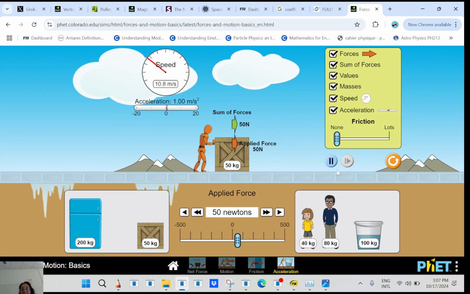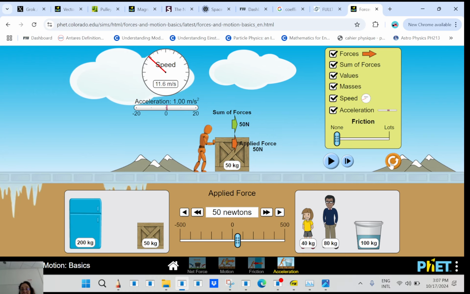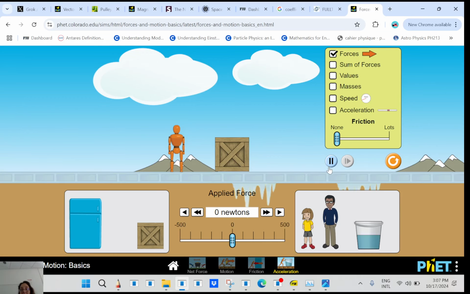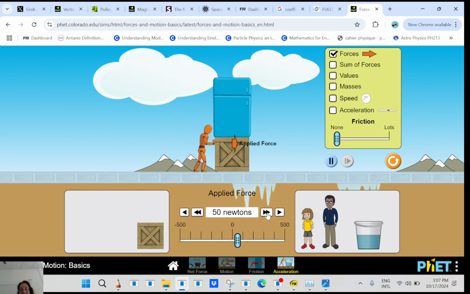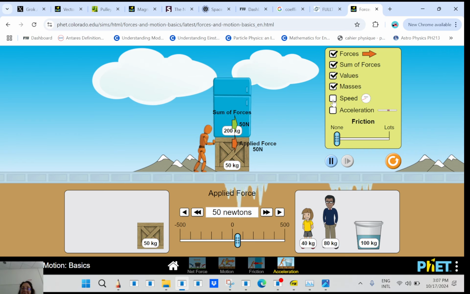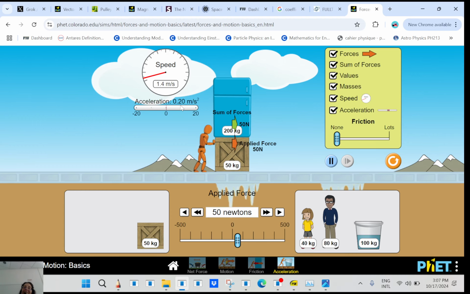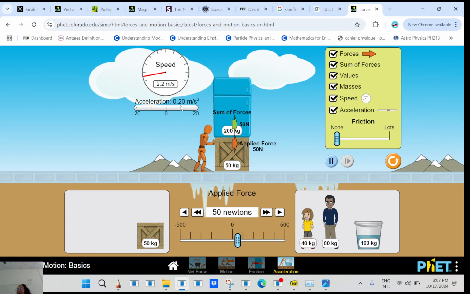Now, if I increase the mass, boom. And here, do you see the acceleration? It's 0.20. Do you see how the acceleration has decreased because it has more inertia?